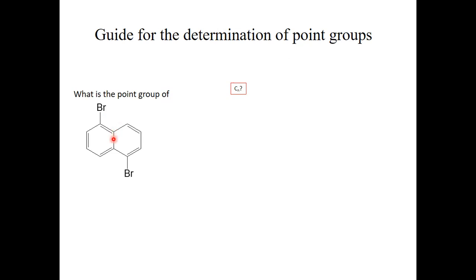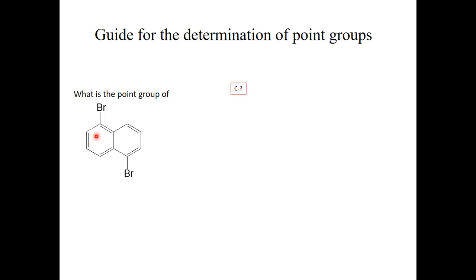And that proper rotational axis stands perpendicular to the plane of the molecule and goes through the center of this carbon-carbon bond here. Okay. So as we rotate around this axis, we rotate this bromine atom here by 180 degrees into this position. And this bromine atom here rotates by 180 degrees into this position over there. And the carbon atoms also swap so that the 2 aromatic rings actually superimpose.